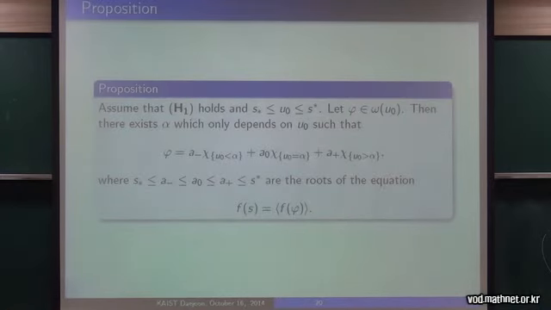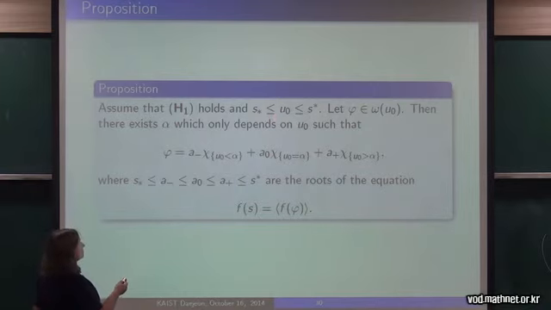Now I show you another form of a proposition which you have already seen. We assume that H1 holds and average of U naught is between S lower star and S upper star.